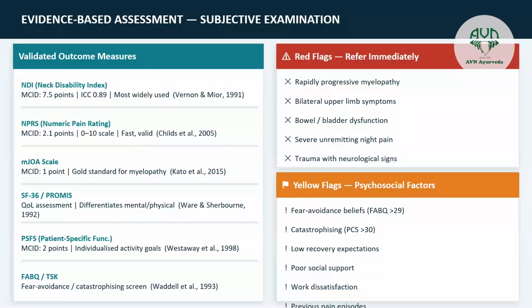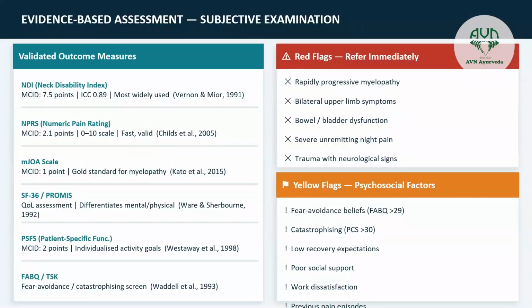Coming into the validated outcome measures, we have certain measures like the Neck Disability Index, Numerical Pain Rating Scale, Myelopathy Japanese Orthopaedic Association scale, SF-36, PSFS, and FABQ scale. The Neck Disability Index has been frequently used in the clinic and hospital sector to point out how well the pain is affecting their functional abilities.